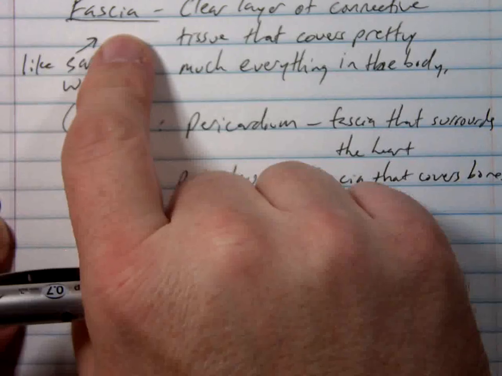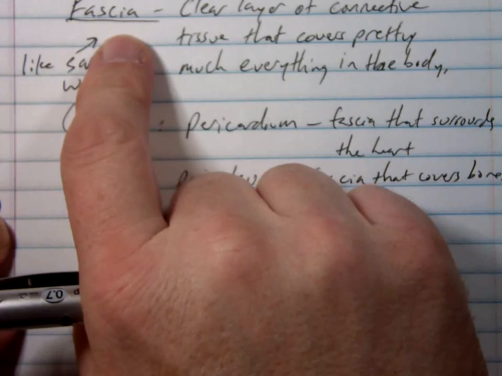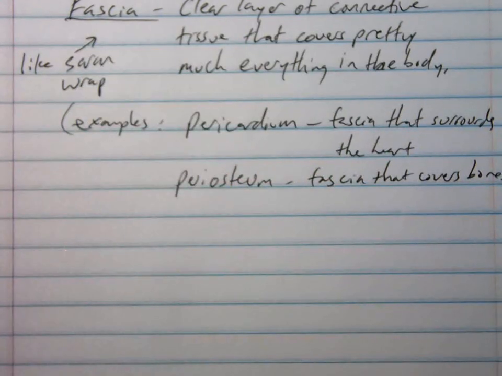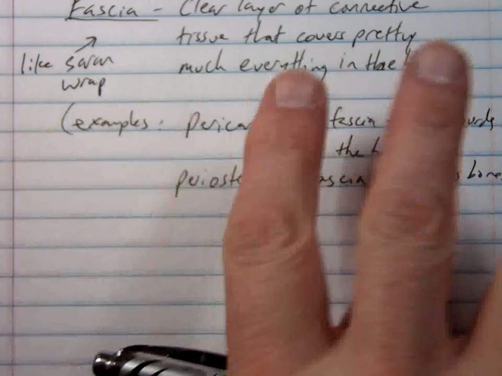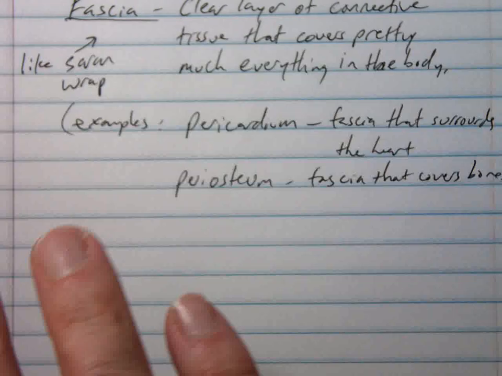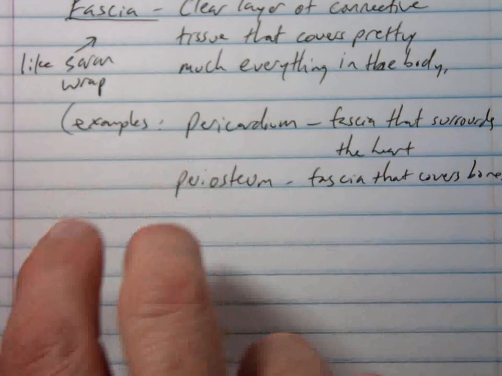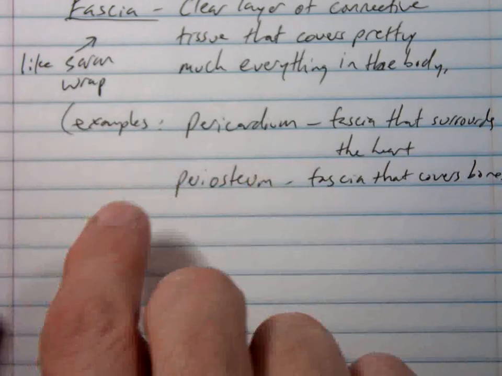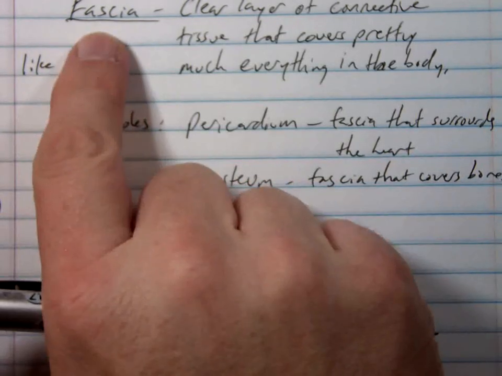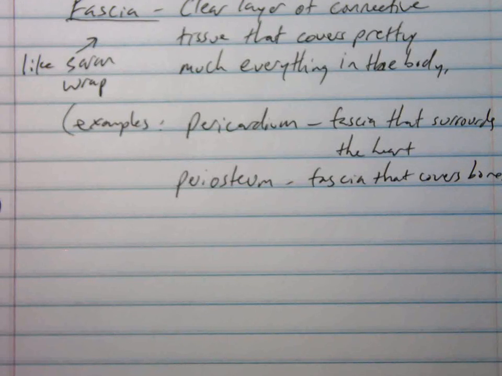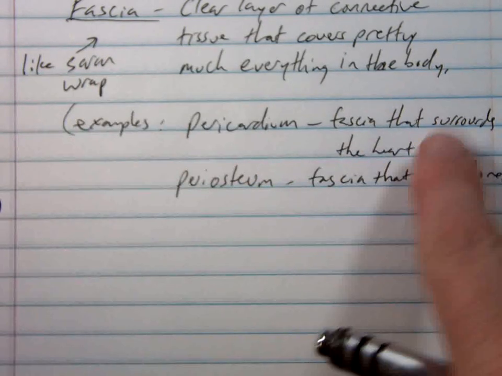Guys, fascia is coverings. And fascism, at least in my basic understanding of it, has to do with basically preferring one people group over another based on their coverings or their skin. That's the root of that word. Or how about a more general term? What about the term fashion? Fashion is all about your coverings, your clothing, your body covering. So that's where the root of this word is.